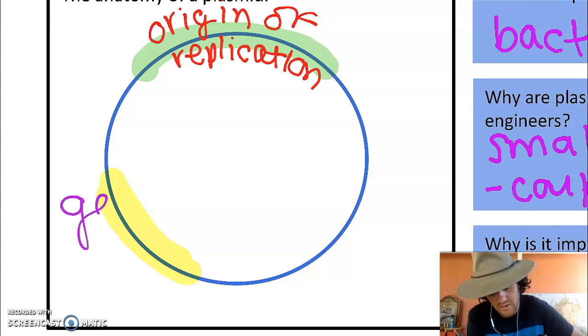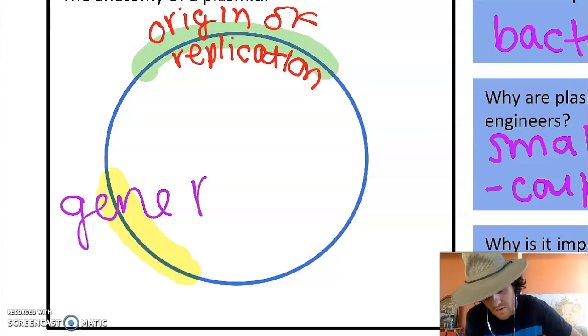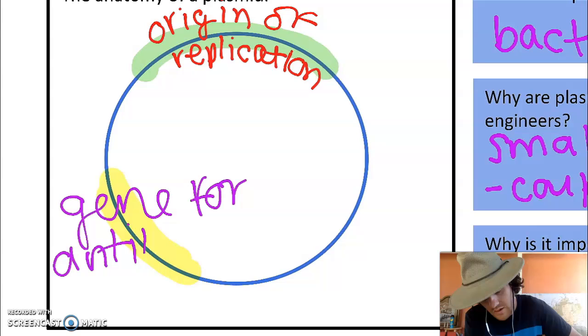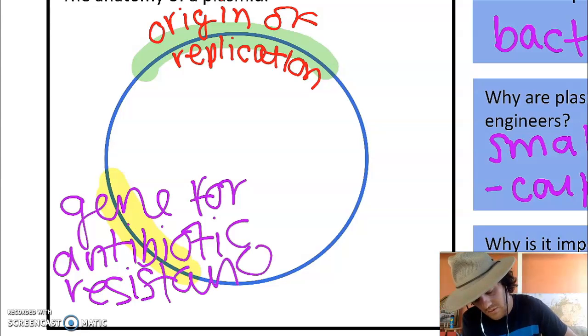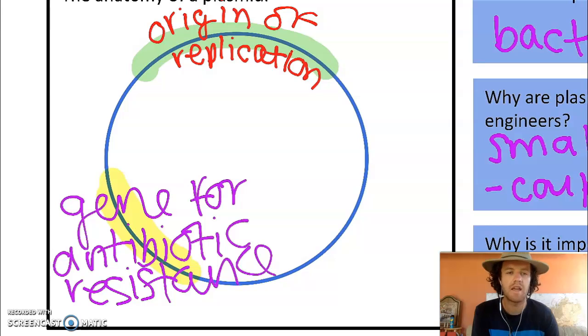I'm going to label it as gene for antibiotic resistance. A lot of plasmids have on them a gene for antibiotic resistance. That's going to matter when it comes to the procedure that I'm about to show you.